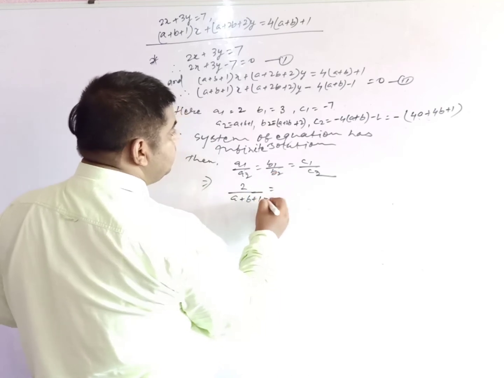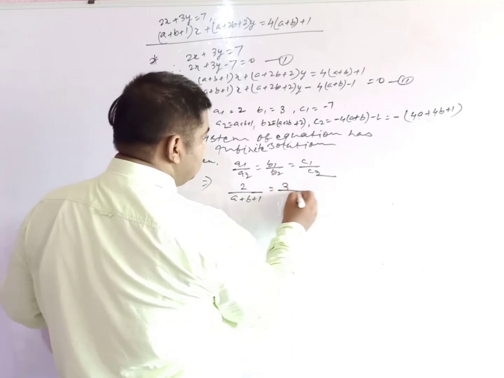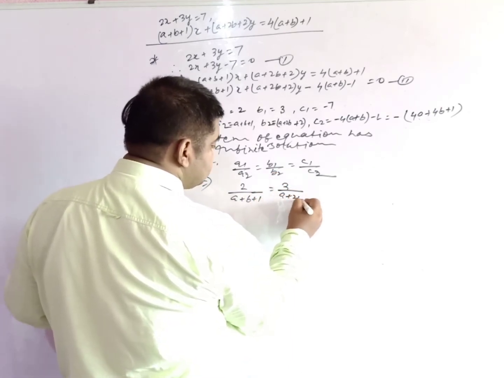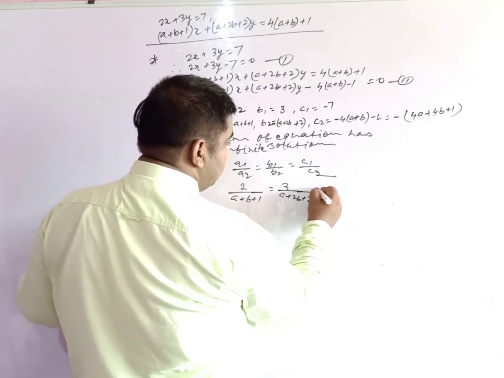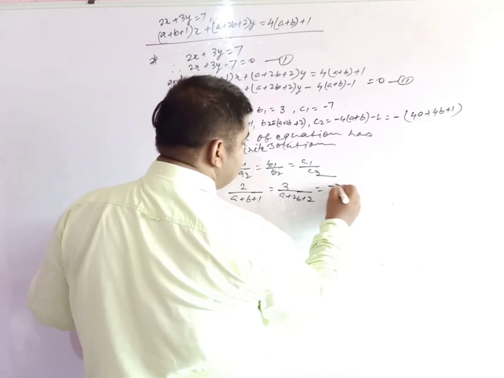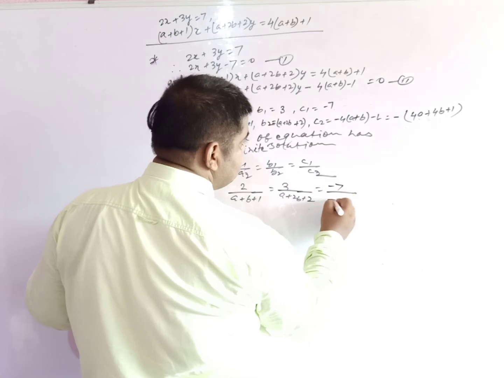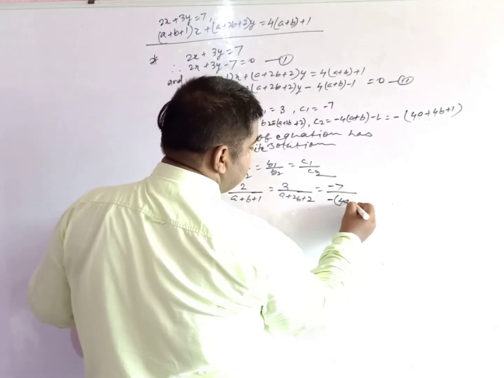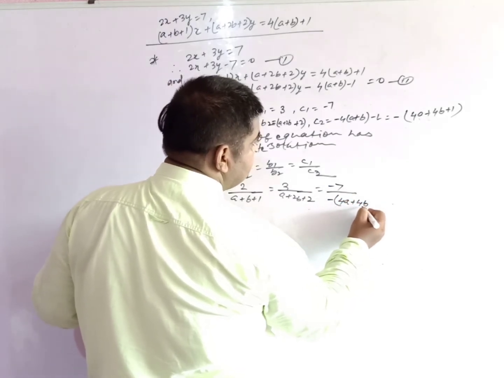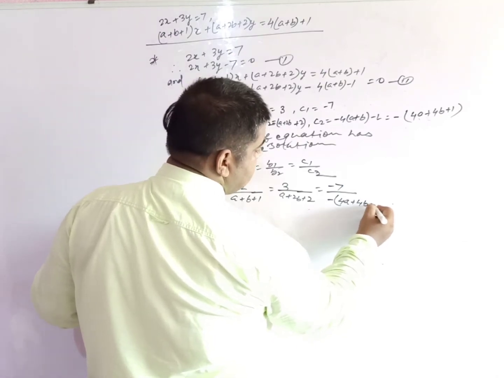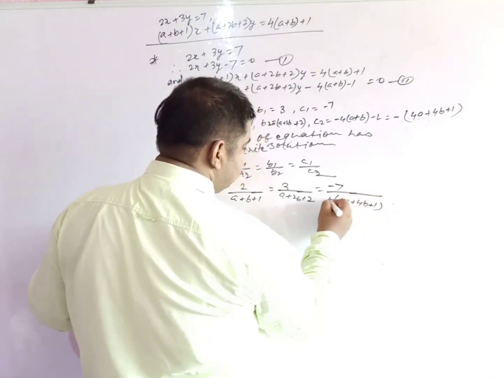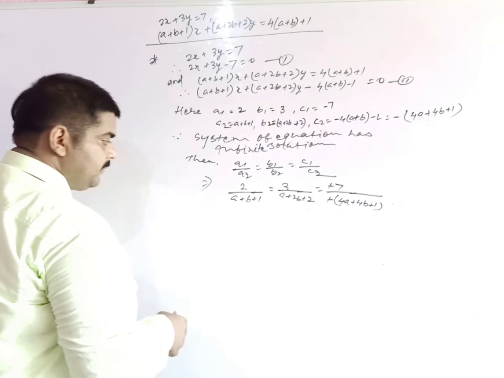The value of b1 is 3 and b2 is a plus 2b plus 2. And the value of c1 is minus 7, and c2 is minus (4a plus 4b plus 1). Here minus and minus cancel.